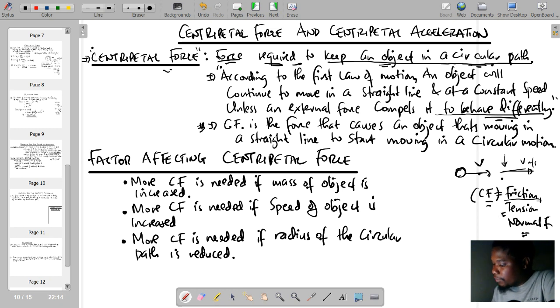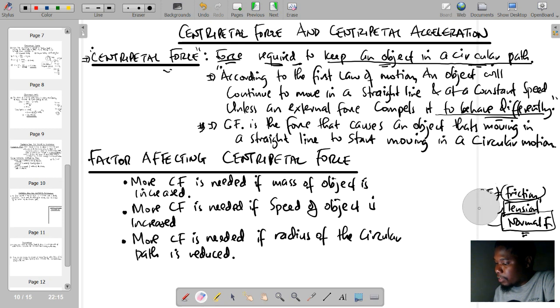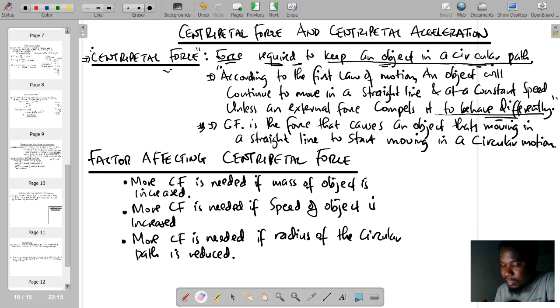If at that point what is keeping the object in a circular path is tension, then the centripetal force will be tension. If it is friction, then that friction will be the centripetal force. If it's the normal force keeping the object in a circular path, then the normal force will be labeled as a centripetal force. This is very important for you to understand. It's not a type of force, it's simply any force that keeps an object in a circular path.